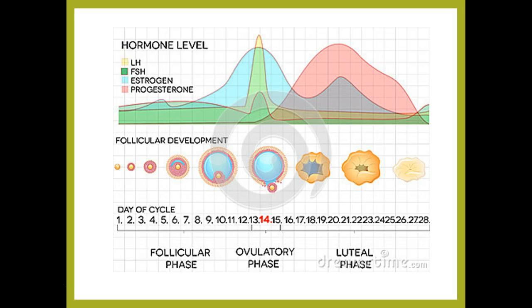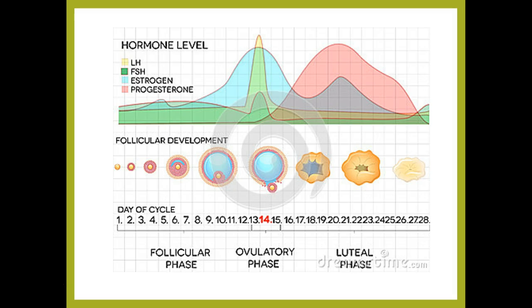So we're developing follicles in preparation for ovulating, okay? These follicles, as they start to develop, release estrogen. Remember that we said estrogen is released from the ovaries. Where do follicles develop? Follicles develop inside the ovaries.